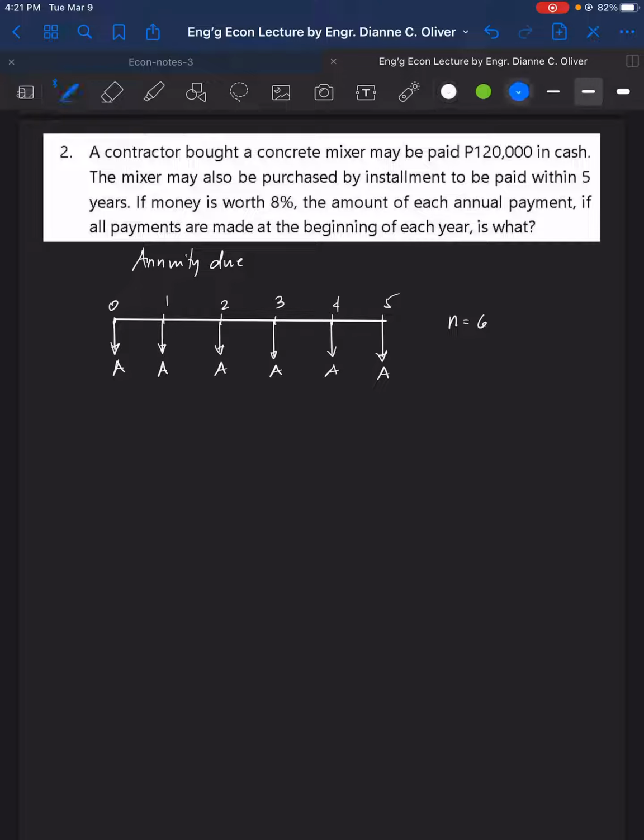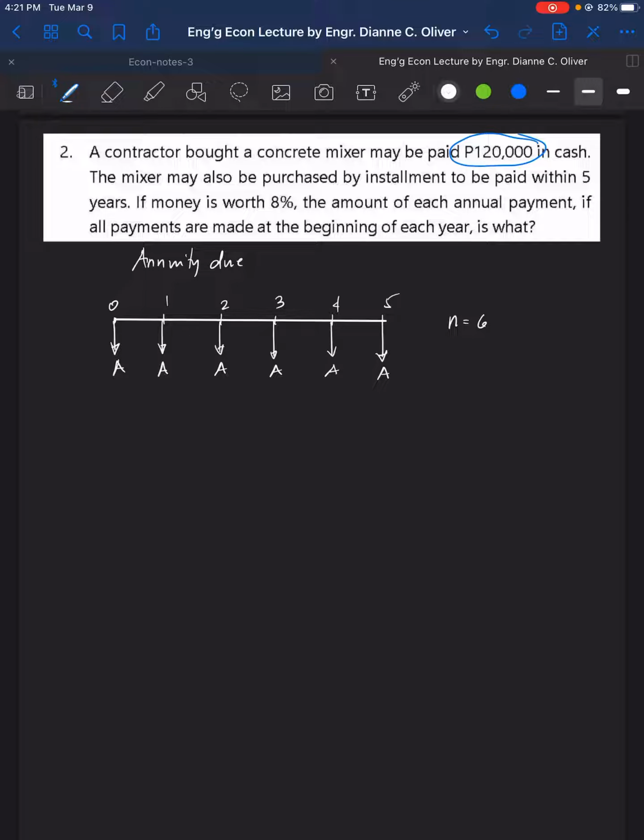What is 120,000 pesos here? Is that the future or the present worth? Remember that the situation there is the contractor can go in that store and buy something for 120,000 pesos, not delaying it for another 5 years. So this 120,000 pesos is actually a present worth.